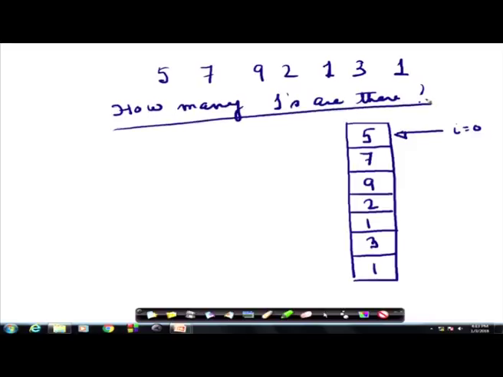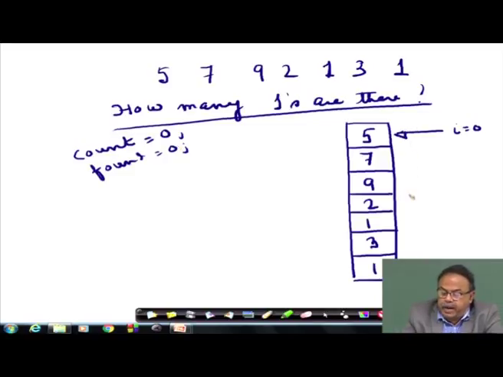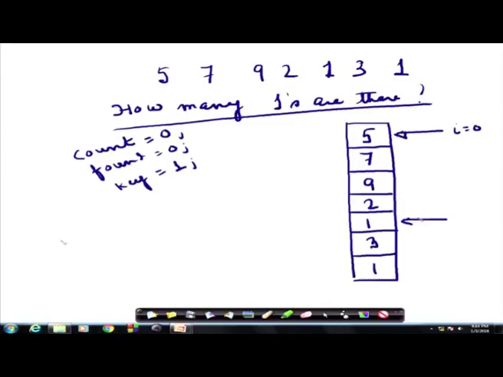Now, if I want to do this, what is the additional variable that I will require? I will require another variable count, which is initially 0, other than found, which is also false. So, whenever I find a 1 and my key is 1, I will say found is equal to 1, and also I will do count plus plus, and I will continue.